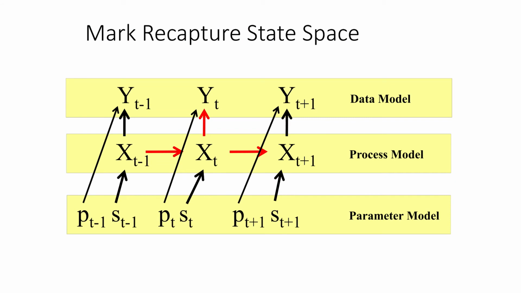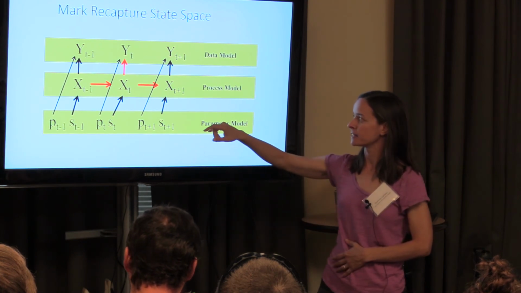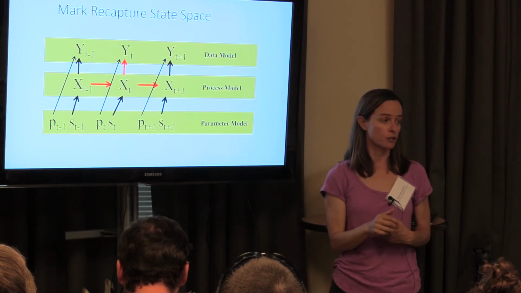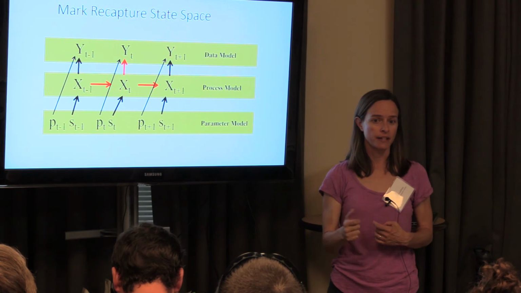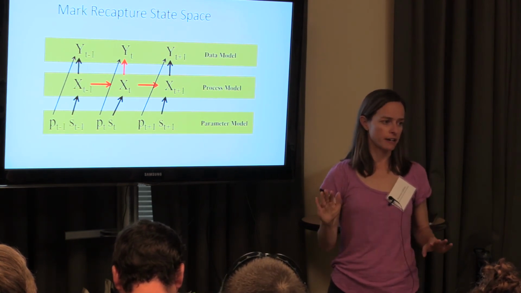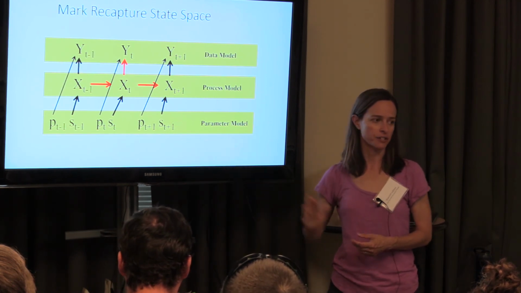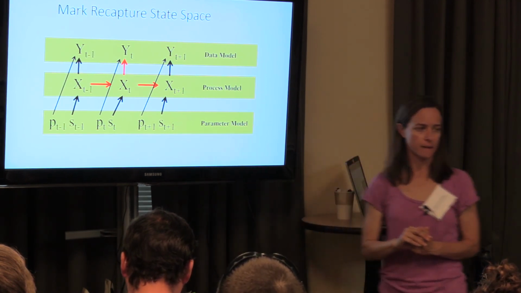Or you could imagine that variance might change throughout the season, and your ability to observe might change throughout the season. So in this example, we're assuming that the variance in our ability to observe, given that it's alive, and our variance in being alive vary over T, during the progression of these data.